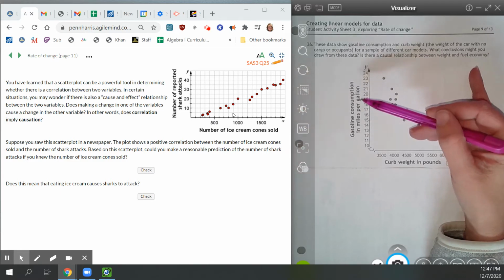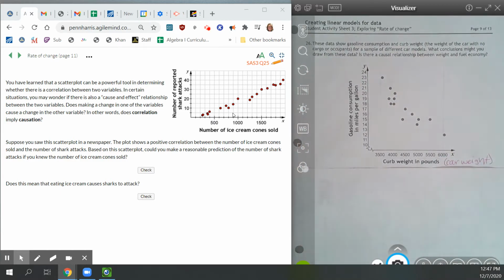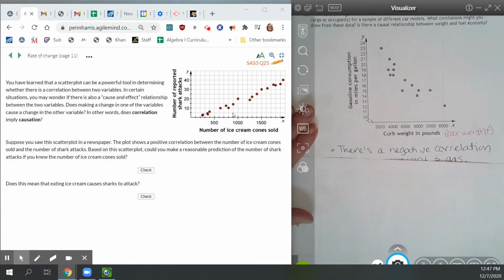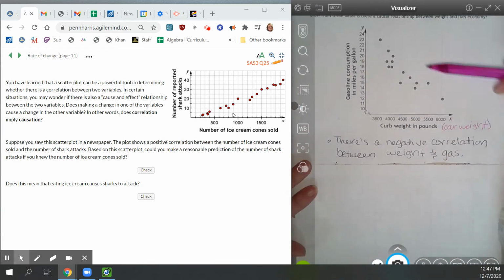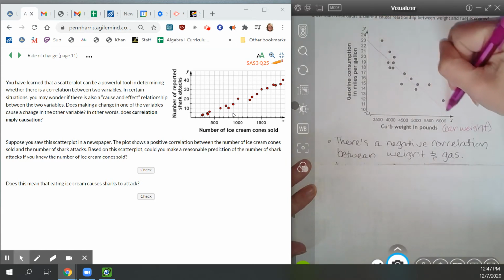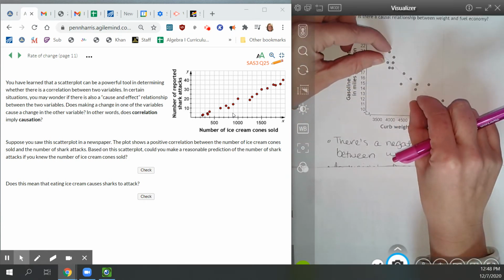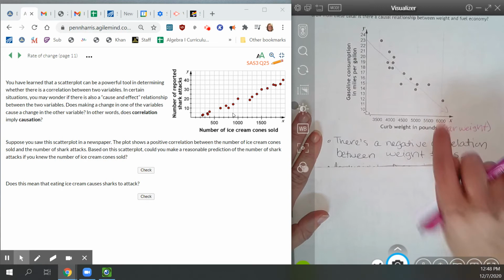So how much gas the car uses. When I look at this, the first thing I notice about this graph is that there is a negative correlation. We could say that the trend line is about right there. There's the trend line. It is tightly correlated to a negative line.